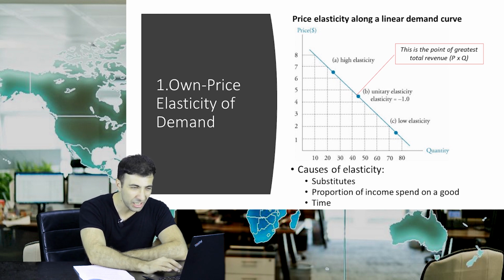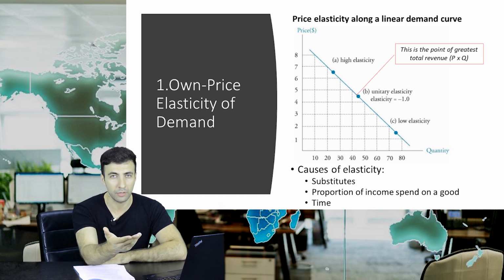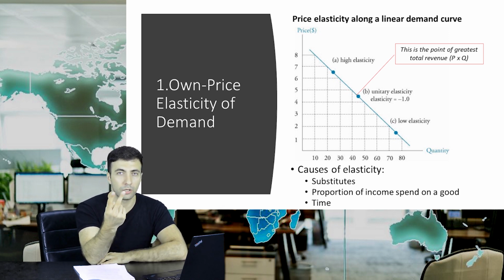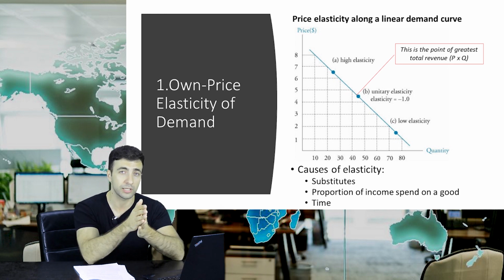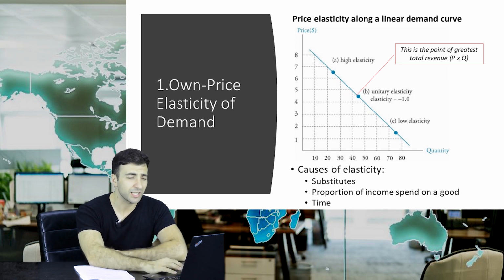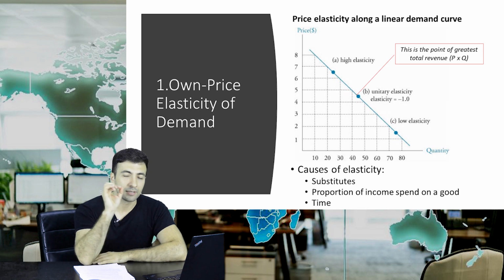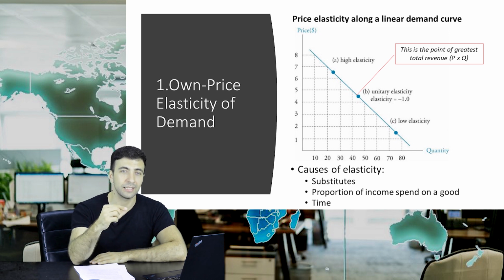So at each point of the demand curve, we can find the total revenue. Okay, why? Because we have a couple of variables, price and quantity. You just multiply them and get the total revenue. If you test all the points, you will see that the revenue maximizing point is the point where the elasticity is unit.